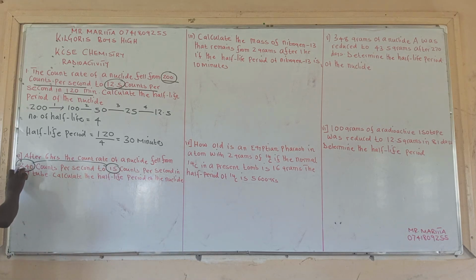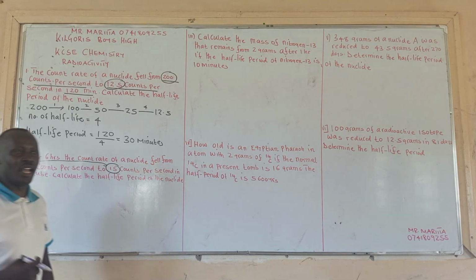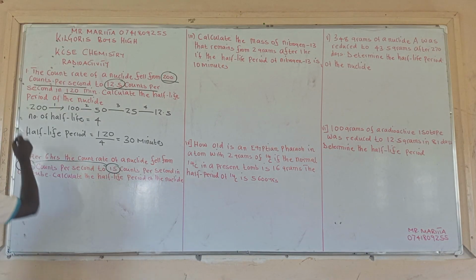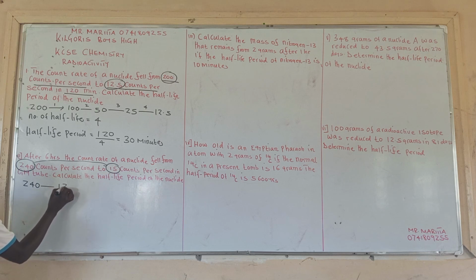First of all, from 240 to 15, how many halves do we have there? In that case, we calculate the number of half-lives. We start from 240. When you divide this by 2, this gives us 120.